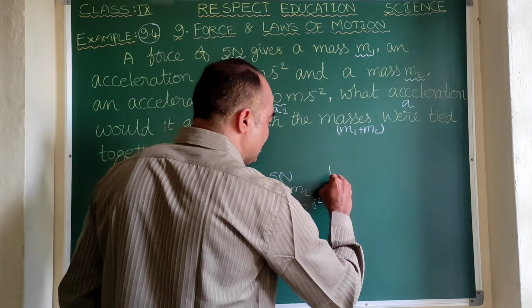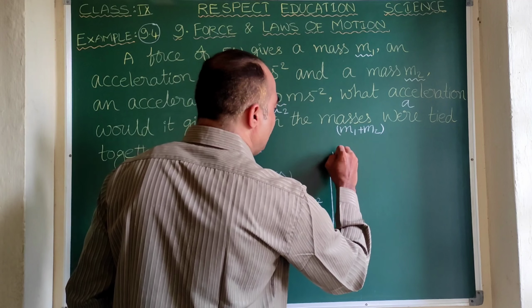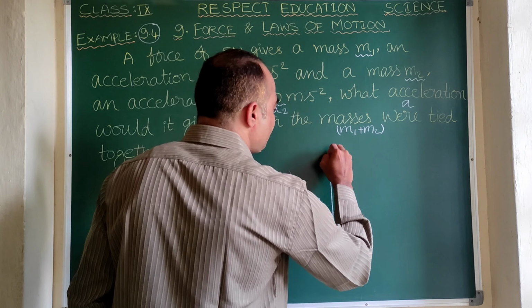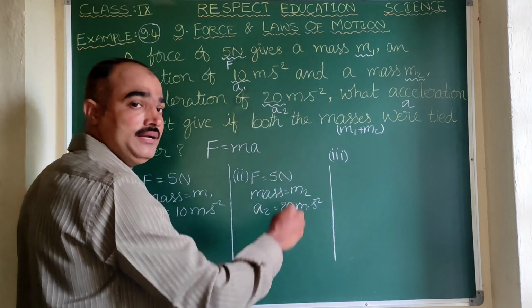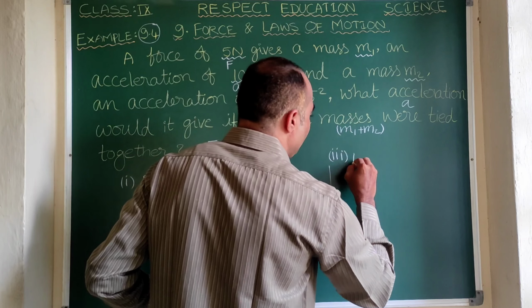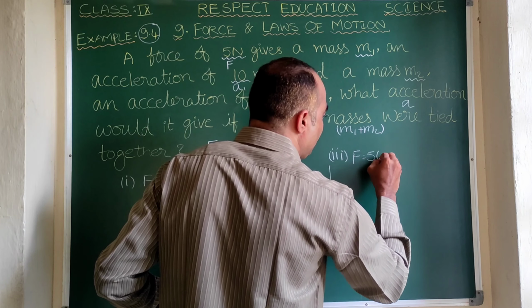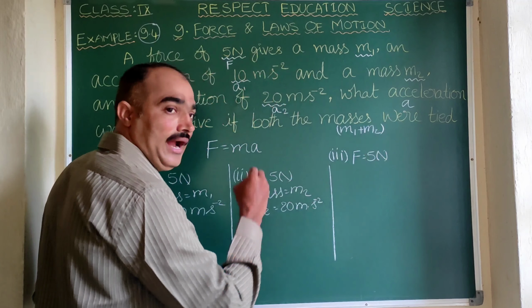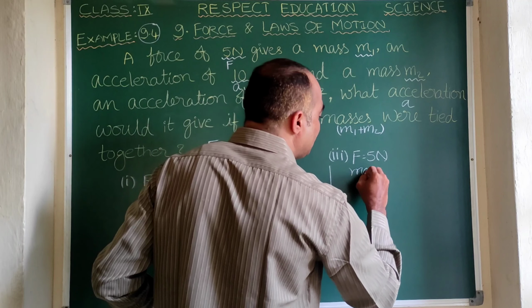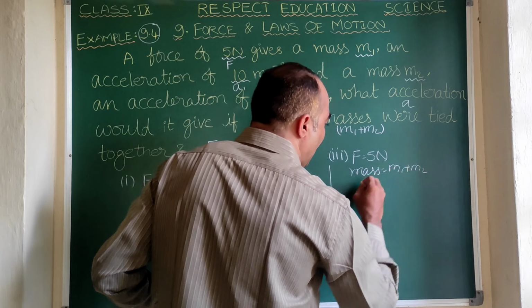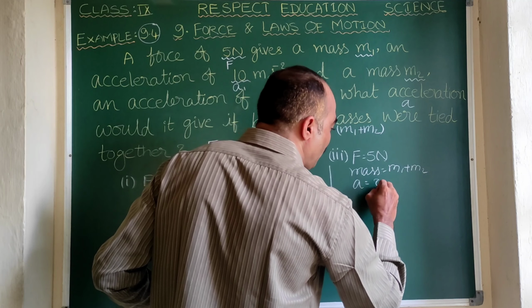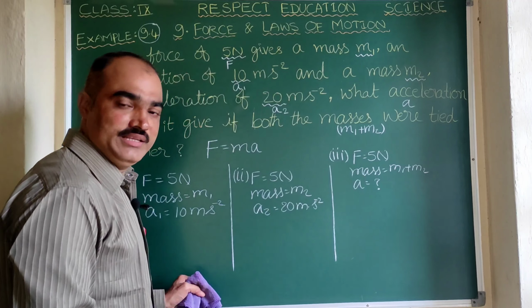And the third case is that here also the same force is applied. So F is equal to 5 Newton, and the mass is the combined mass, that is m1 plus m2. The acceleration is to be found here. Is it clear?